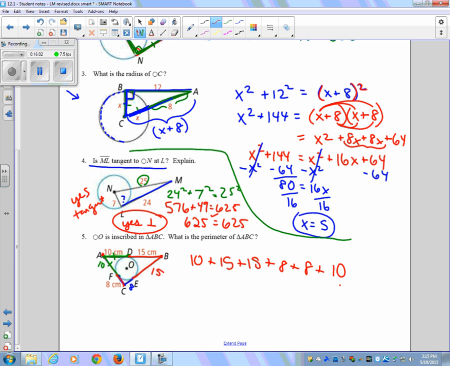So that's 6 numbers we're adding up here. So 10 and 10 is 20, 15 and 15 is 30, and 8 and 8 is 16. So we got 66. 50 and 16 is 66. So 66 centimeters.